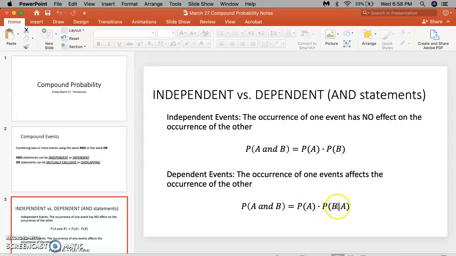This is the probability of B given A, where you assume A already happened and is true. We'll go through some examples right now.